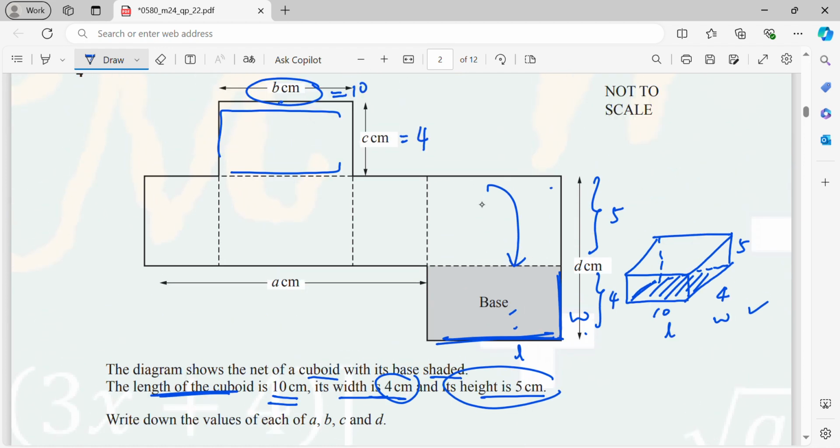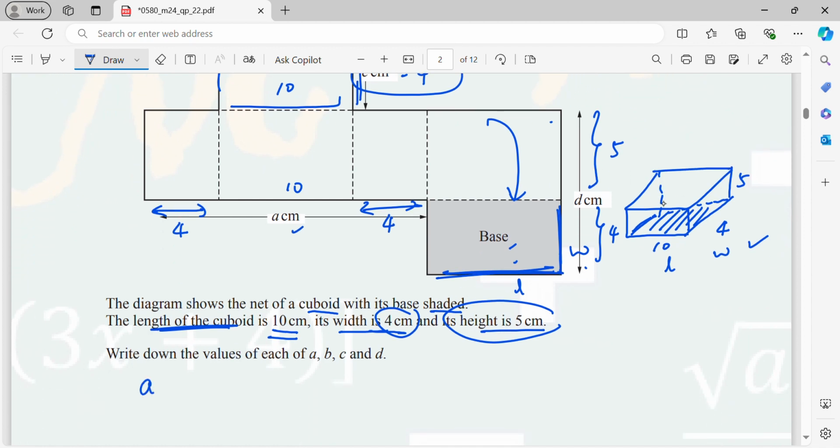Now for the A here, we know that this is 10, here is 10. And then this 4, the C, that is the width. Here is also the width, which is 4. This is also 4 when you fold it. So my A is basically 10 plus 10 plus 4 plus 4, that is 18.